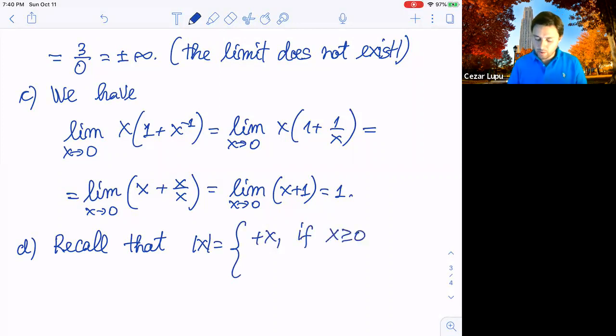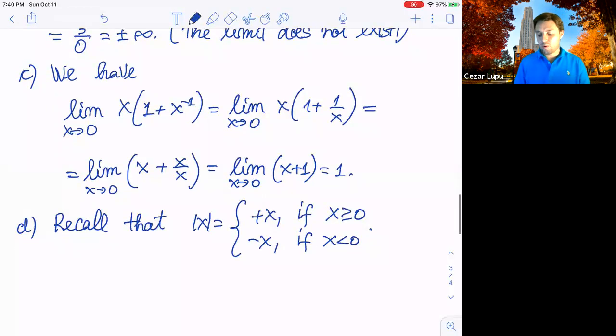So I include also 0, and negative x if x is negative. Okay, and now, of course, since I'm at this point, I'm forced to take the limit from the left and from the right. So the left-hand side limit and right-hand limit.